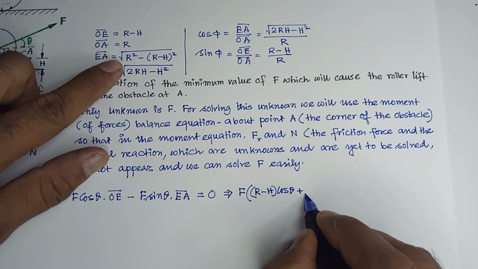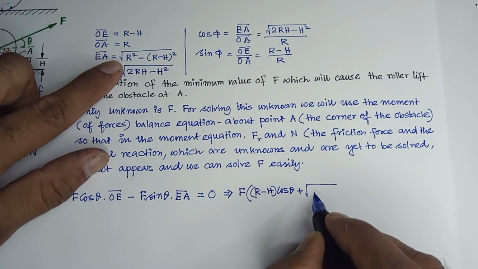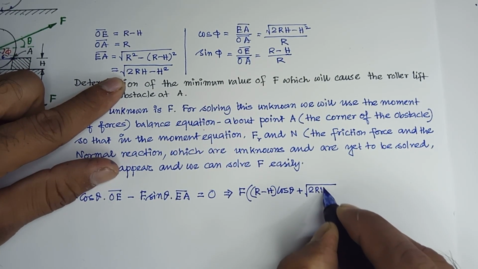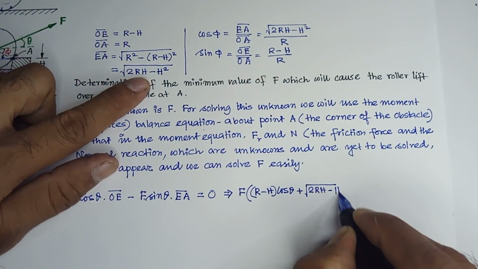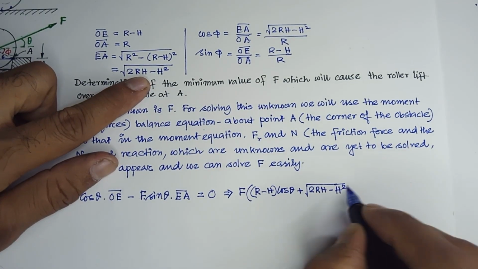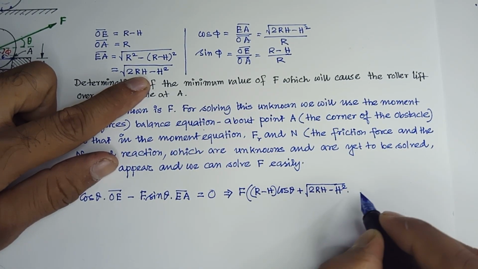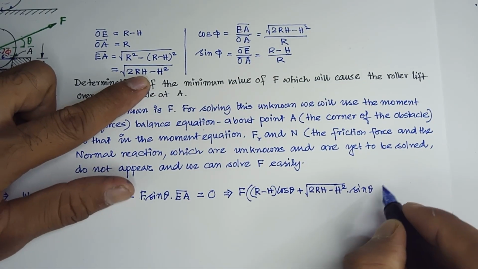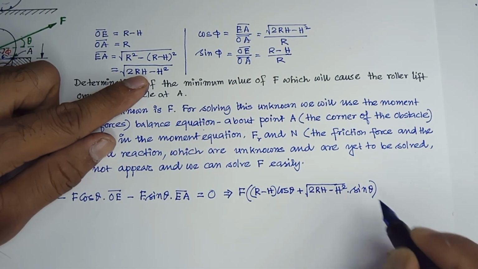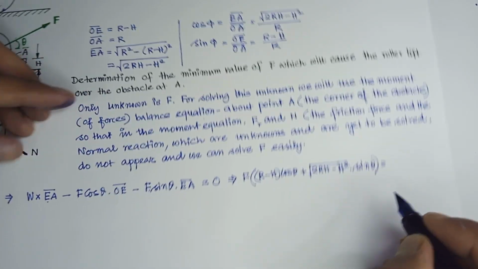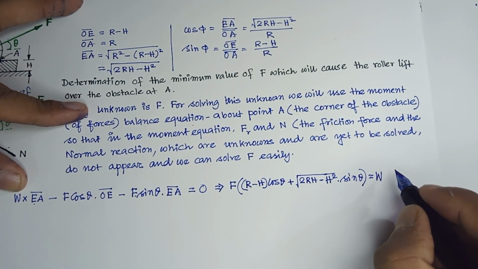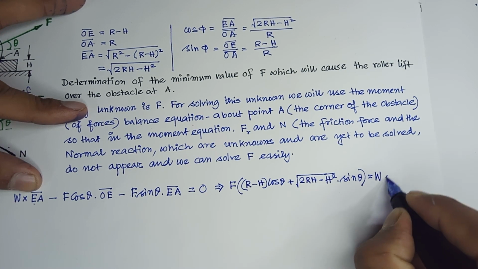EA is this one, square root of 2RH minus H square, into sine theta, is equal to W multiplied by EA.